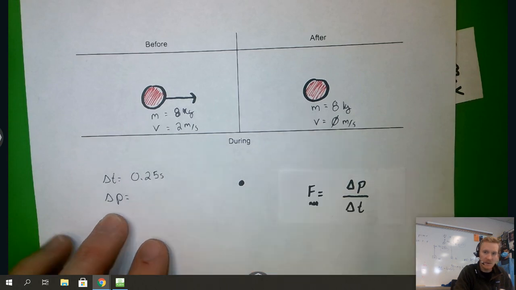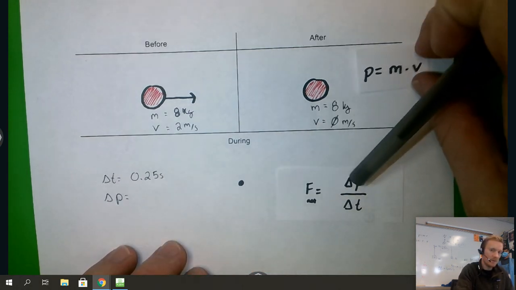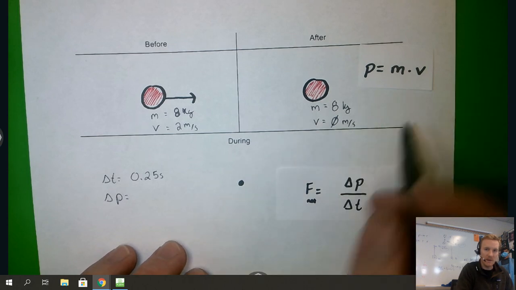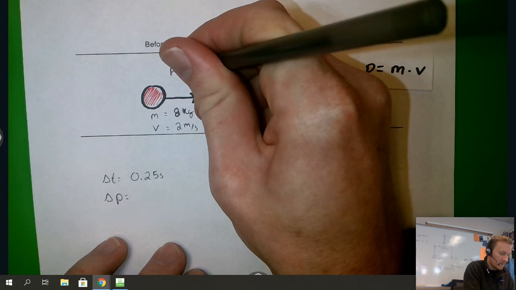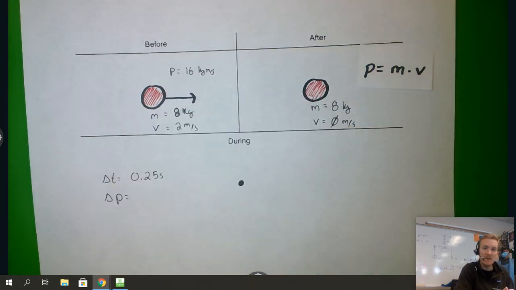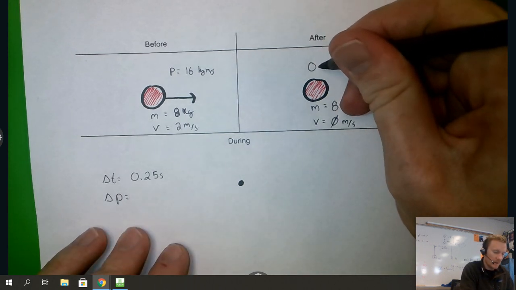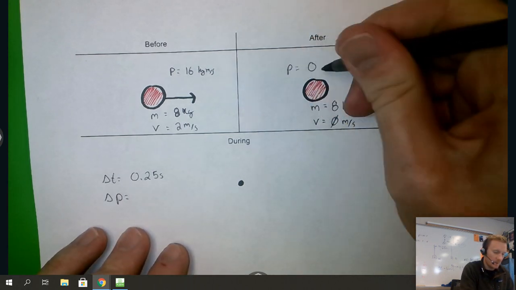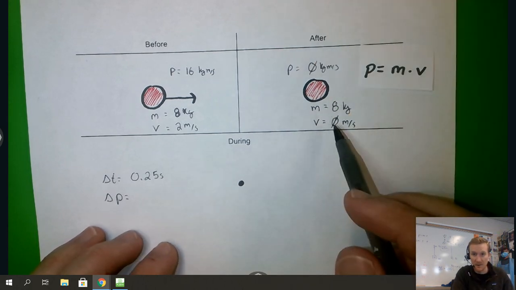Again, we have the mass and velocity in both cases, so we could easily find the momentum both before and after, mass times velocity. So our initial momentum is still 16, just like it was on the previous situation, but now its final momentum is 0. Okay. P is equal to 0 kilogram meters per second, because it's not moving, right?